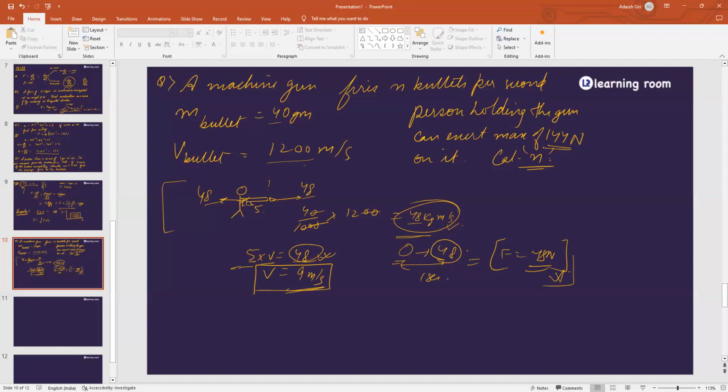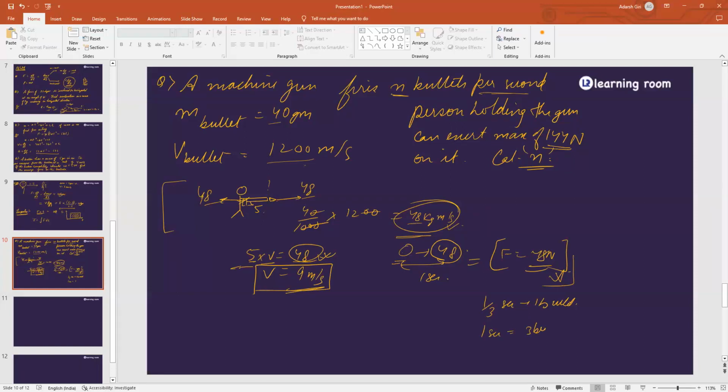See, you got that every 1 by 3 seconds you can fire one bullet, right? Yes, sir. So in 1 second, because we have been asked about n bullets per second, how many bullets can you fire? 3. That is the correct answer.